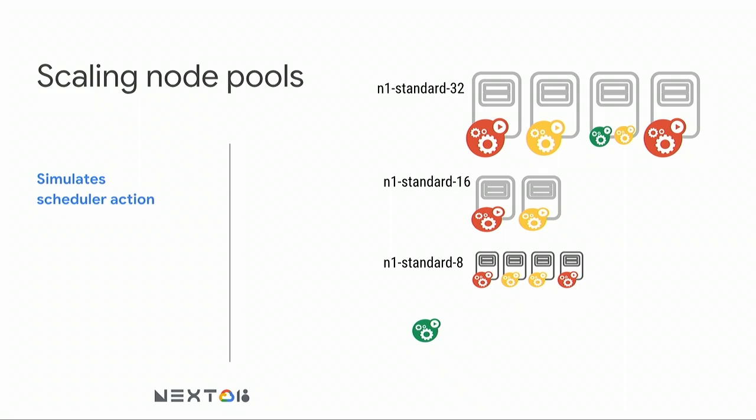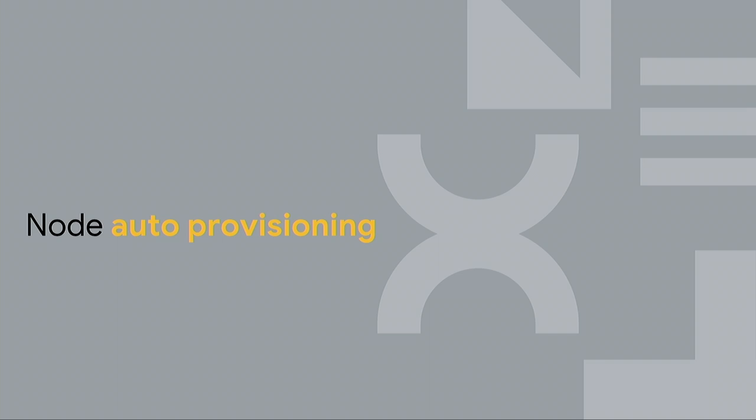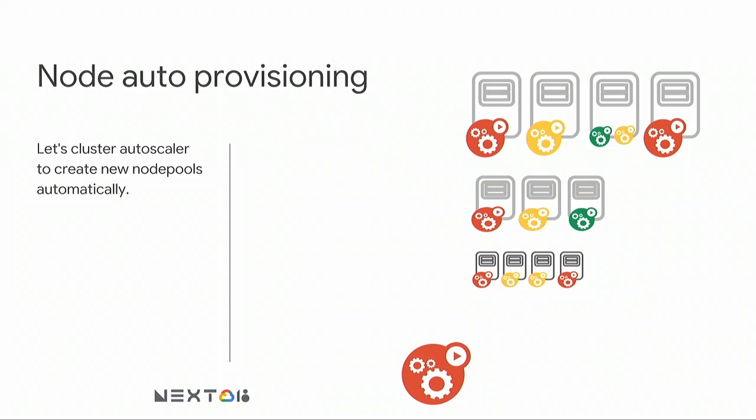So when the recommendation is placed, then the new node is added in the node pool of choosing by the cluster autoscaler, and then the pod gets deployed. Now, there may be a situation similar to what we are setting our demo for, right?